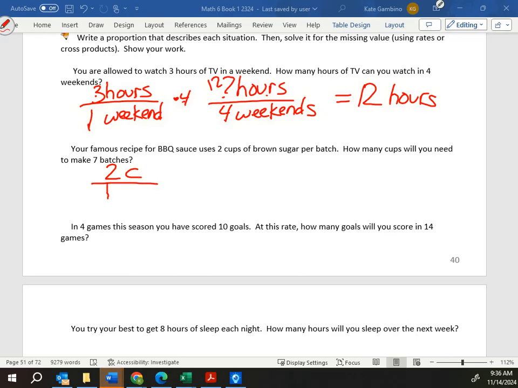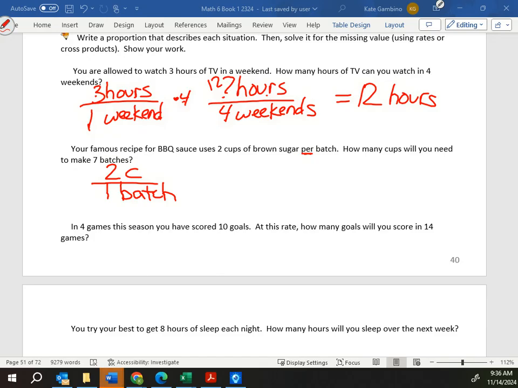Over what? 1 batch. Very good. It doesn't say 1 batch, it says per batch. We need to know that per batch equals 1. So it's 2 cups of brown sugar over 1 batch.